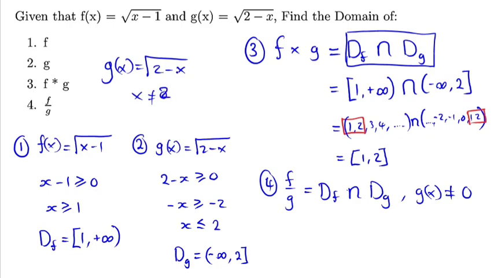So x cannot be 2 because if x is 2, we'll get a 0. So this means that our domain will not be the same as multiplication, but rather our domain will just be 1 included and 2 is not included. Because if we include 2, it will produce a 0 in that square root. So there we have it.